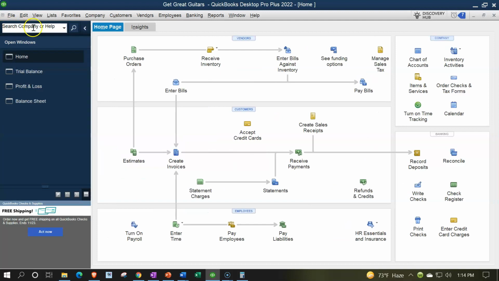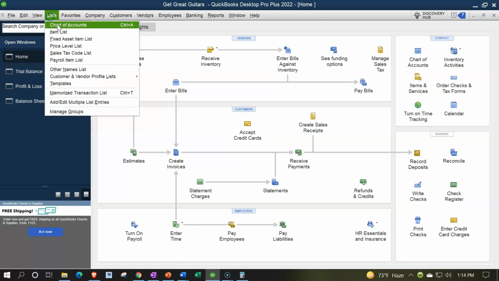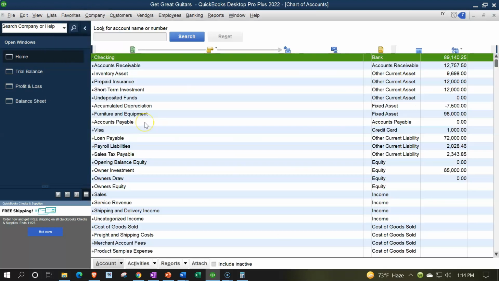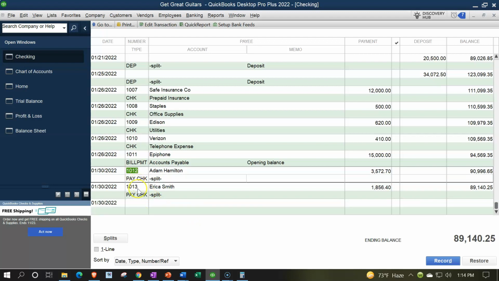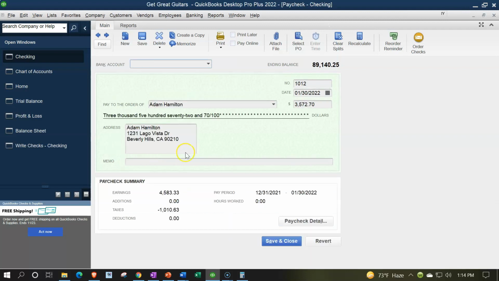First, I'm going to look at the check register just to see that they are actual check kind of things, decreases to the checking account, by going to the lists drop-down, chart of accounts. And we're going to go into the checking account, just double click on it. So now we've got these two checks that were made down below. They're special checks indicated by the paycheck, but they're just in essence normal checks, but they give that special indication.